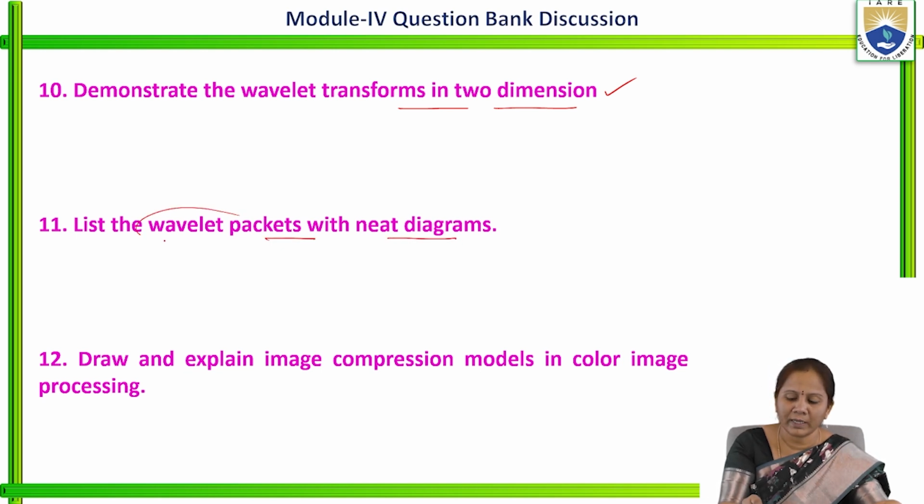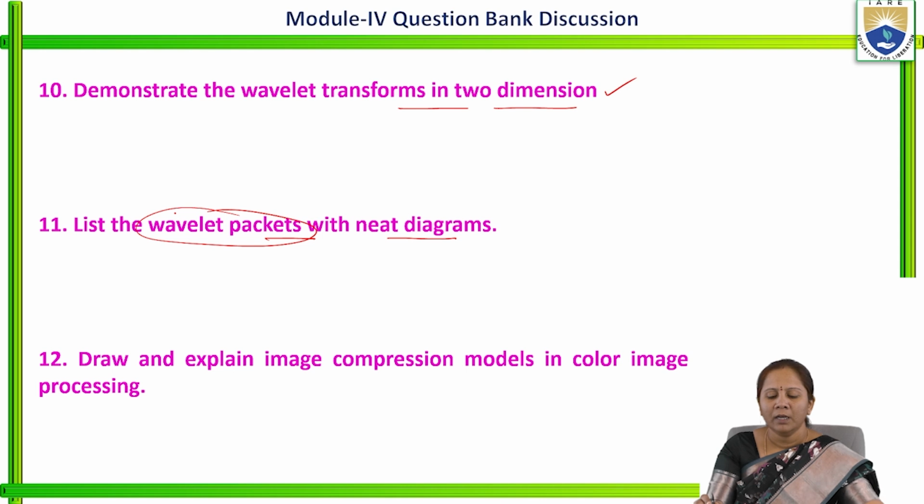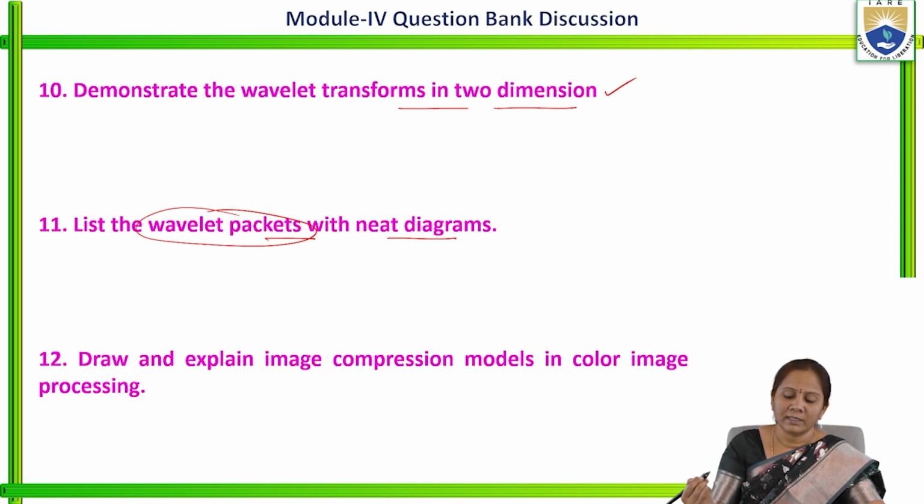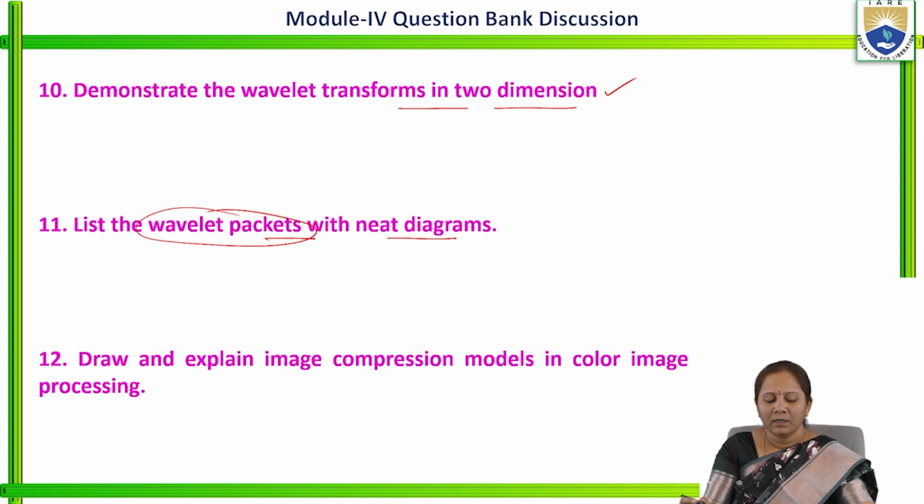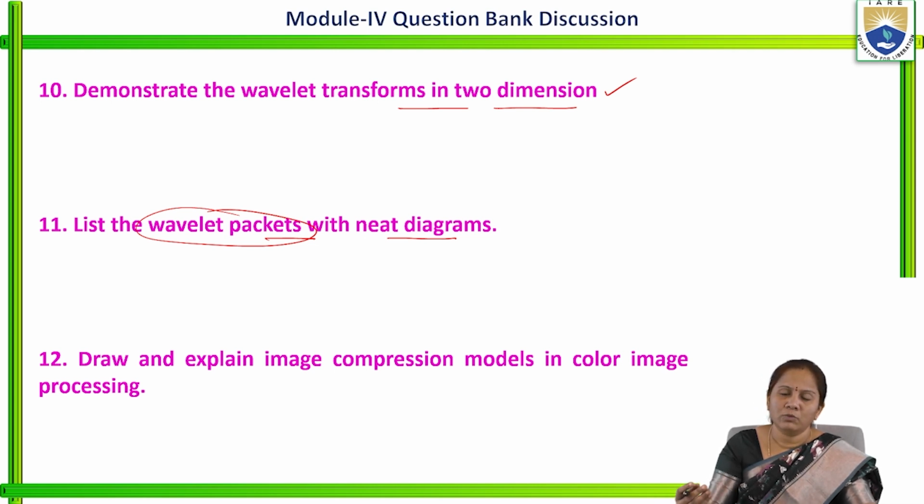So this wavelet packet is a very important concept. While discussing this wavelet concept, we have considered 2 scale and 3 scale wavelet transform filter banks. And we have drawn some small block diagrams also. While discussing wavelet packets, we have also taken some subband coding concepts to draw those block diagrams.